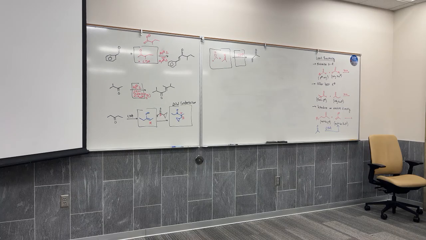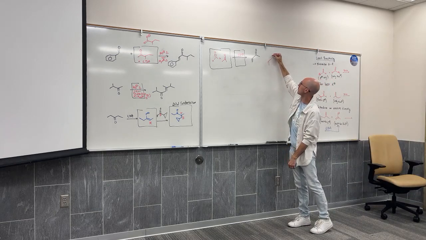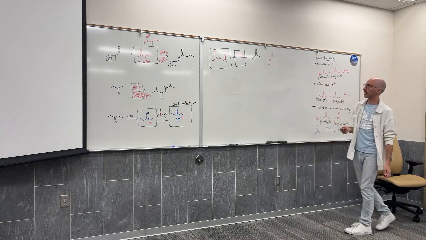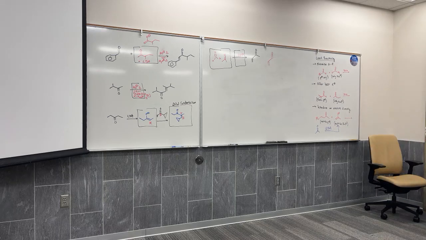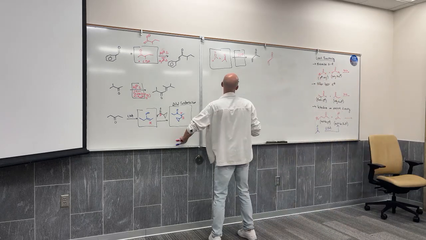So I apologize. Now in this last one, I really like this because this is a very simple molecule. It's a very simple conjugated carbonyl. Maybe the only thing that's more simple than this conjugated carbonyl is this conjugated carbonyl, where it's an aldehyde instead of a ketone. And the retrosynthesis works all the same.